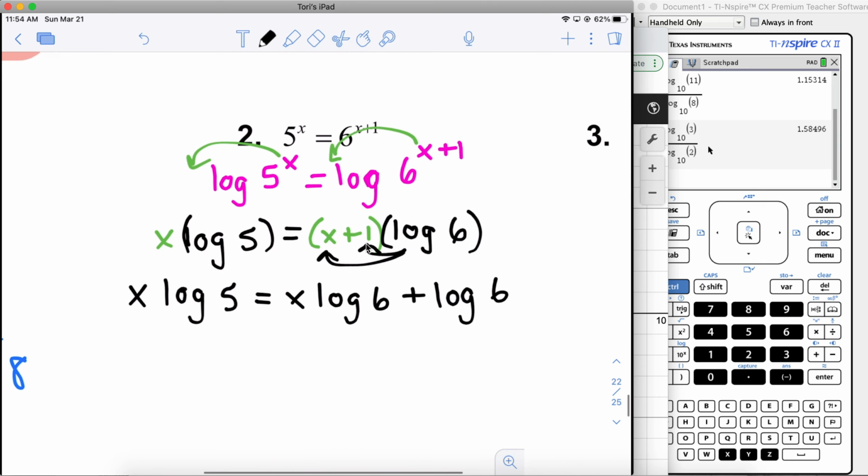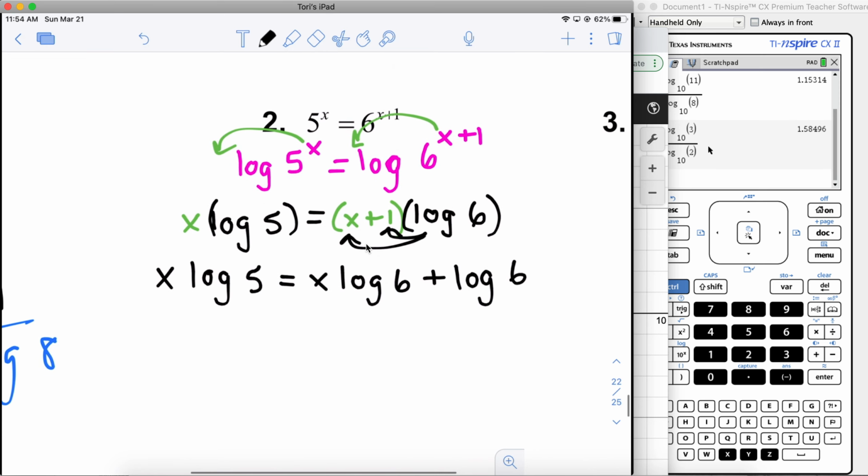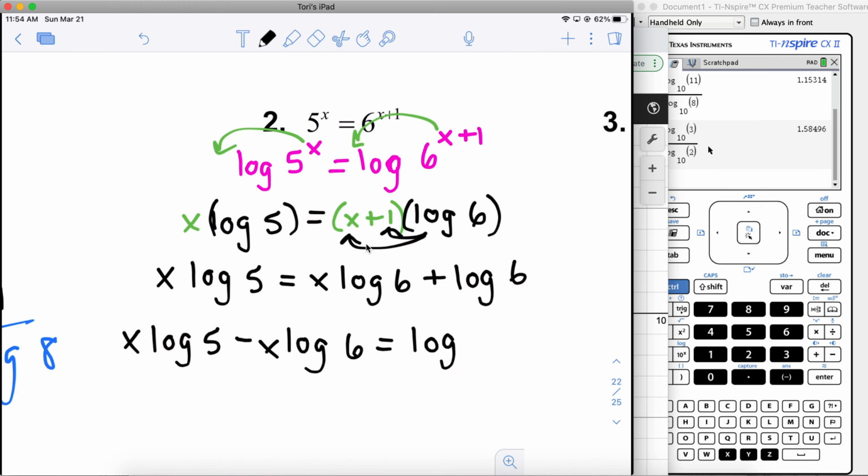All right, we're going to get all of our x's over to one side. So we're going to jump these x's over here by subtracting. That's going to say x log of 5 minus x log of 6 equals log of 6. I just move the x to the other side by subtracting it. And then we're going to factor out this x right here.